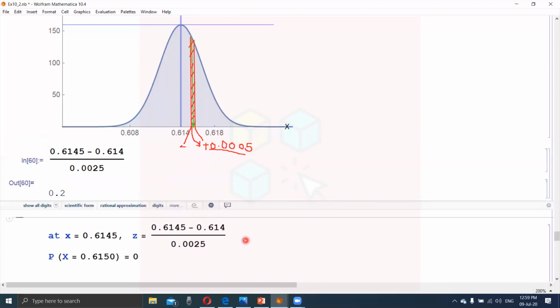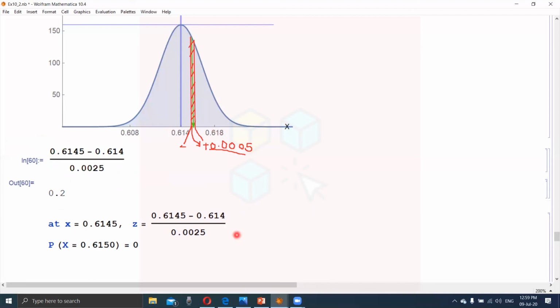So the lower limit of this shaded area is 0.2.